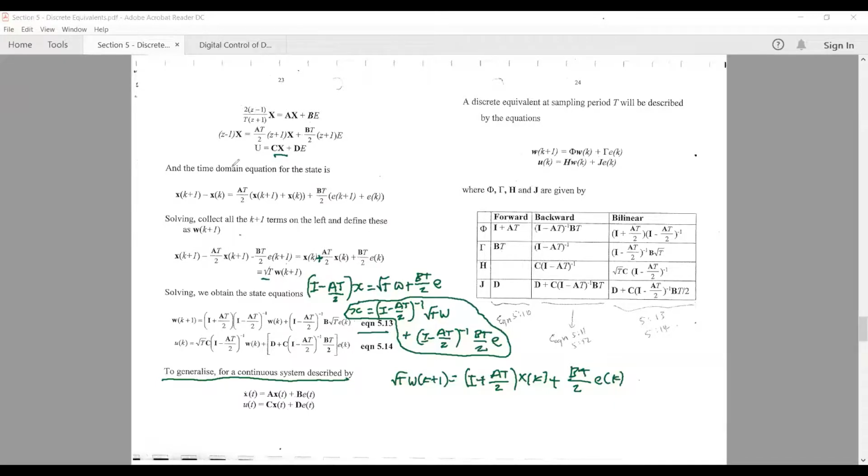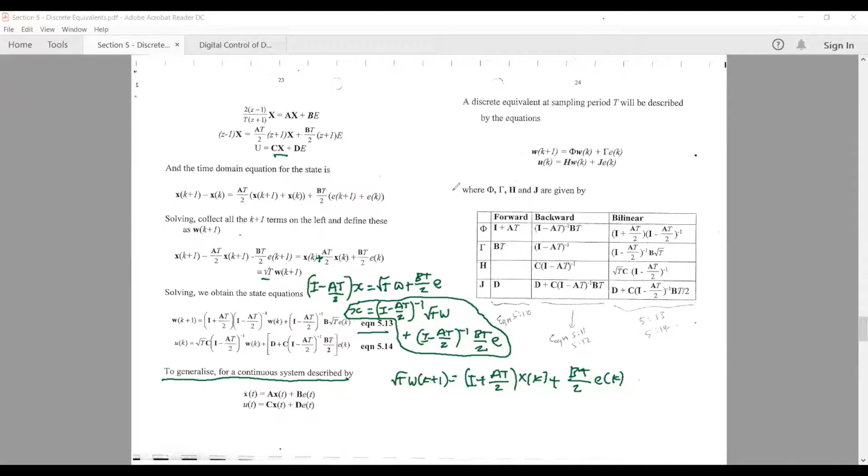Since for both backward and trapezoidal, we were able to get w of k plus 1 on the left hand side, this whole equation we can give it a name: phi times w of k plus gamma times e of k, and u of k is equal to H times w of k plus J times e of k.